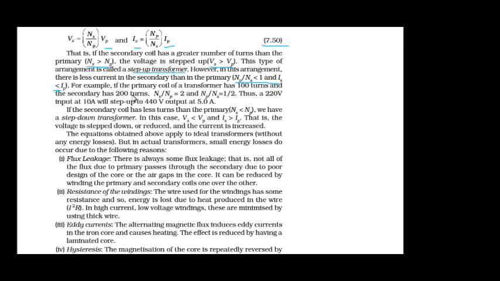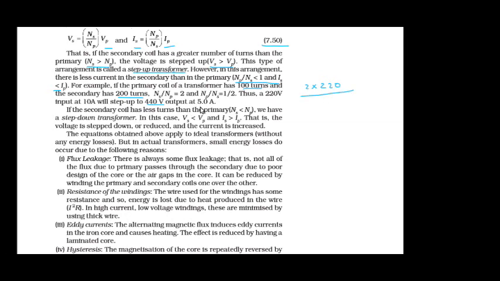For example, if the primary coil of a transformer has 100 turns and the secondary coil has 200 turns, Ns by Np is equal to 2, Np by Ns is equal to half. Thus, a 220 volt input and 10 ampere will step up to 2 into 220, that is 440 volt.